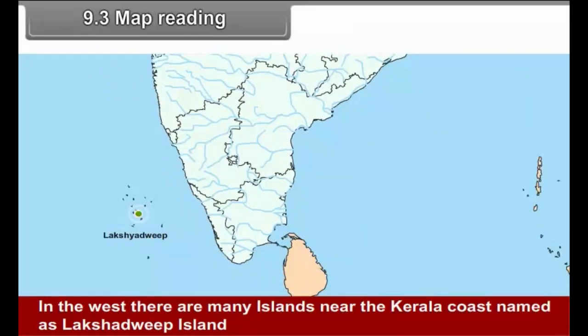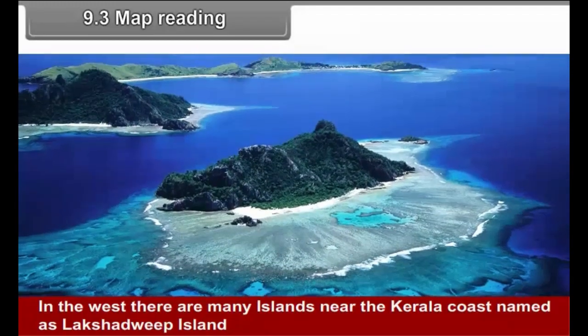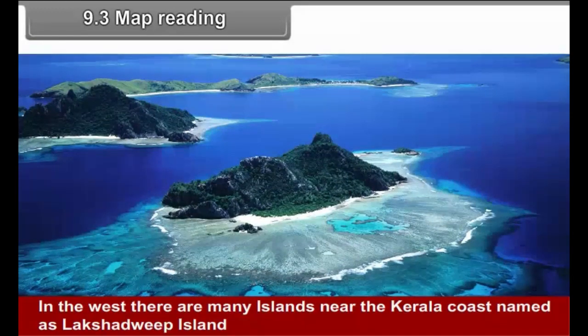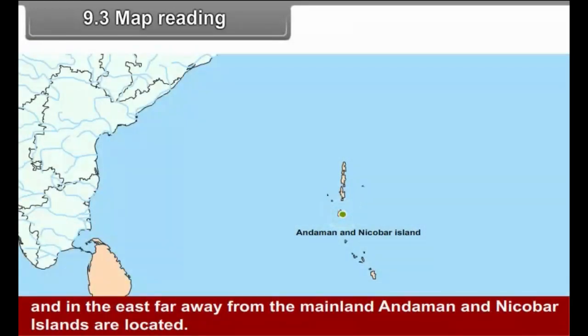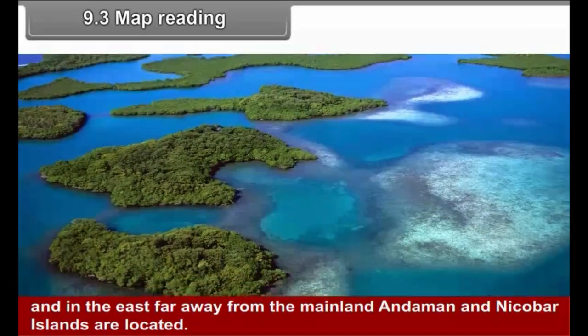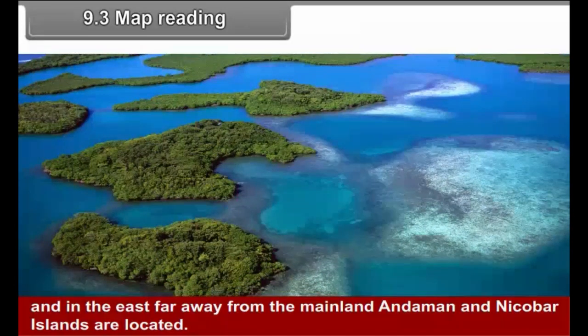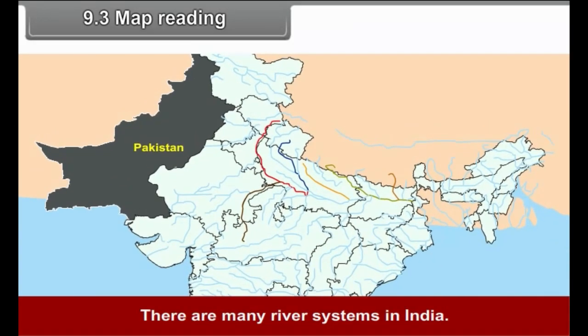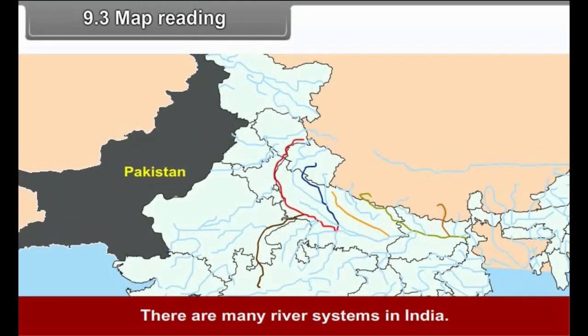In the west, there are many islands near the Kerala coast named as Lakshadweep Islands, and in the east, far away from the mainland, Andaman and Nicobar Islands are located. There are many river systems in India.